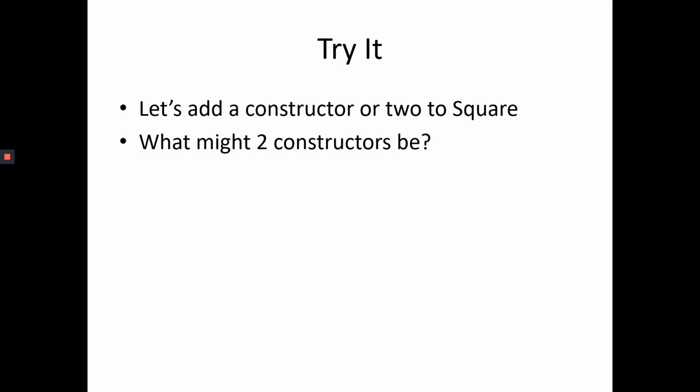Perhaps one that is sort of the default with no parameters, and maybe one that contains the parameters necessary to create that square with specific values. You can create more than two if you want, but go ahead and create two, and then make sure that you can use those constructors in order to be able to do something useful in your main method.